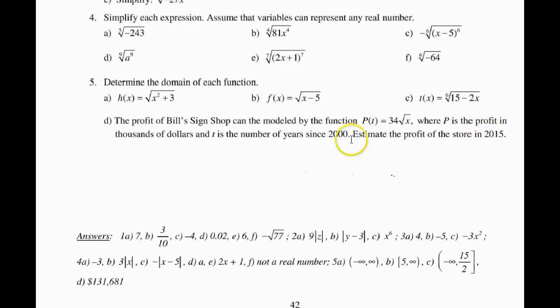And how many years? 15. So we then go 34 times the square root of 15. We put that in our calculator, and keeping in mind it's thousands of dollars, we end up with this answer right down there. And we do want you to try it on your calculator. Hopefully you know how to do this.